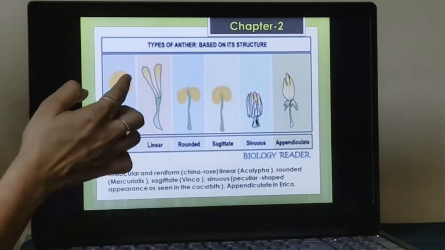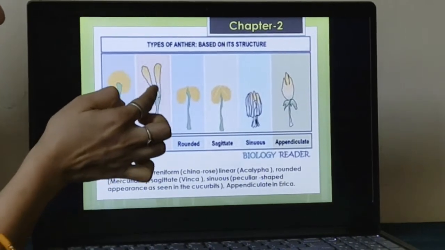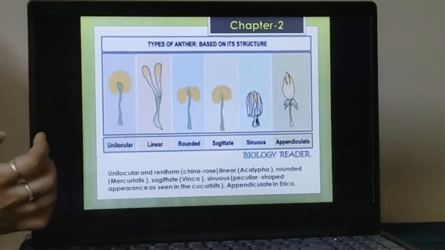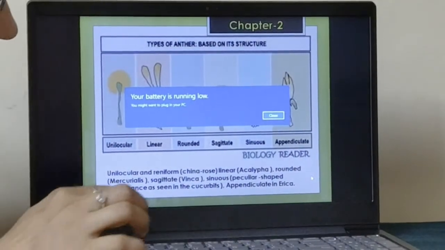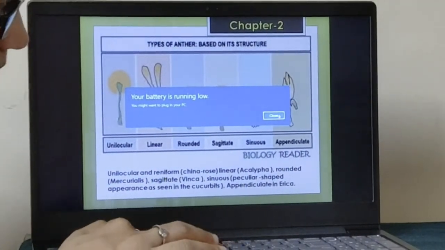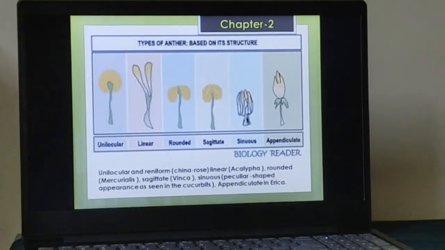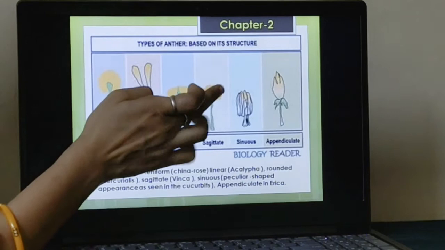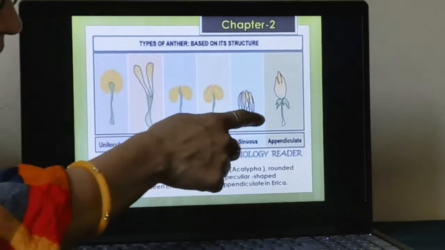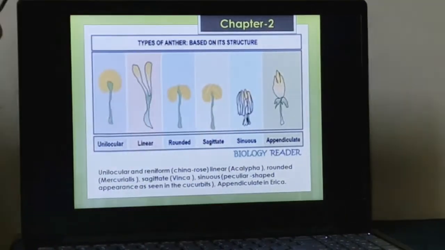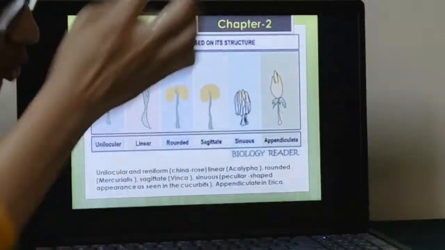If it is linear, a straight line like this, then it is known as a linear shape. Then if the anther has two round structures, it is known as rounded. In the rounded structure, if there is some cross network, that is known as sagittate. If it has a comb-like structure, it is known as sinuous. And if it has lotus-like petals, that is known as appendiculate.